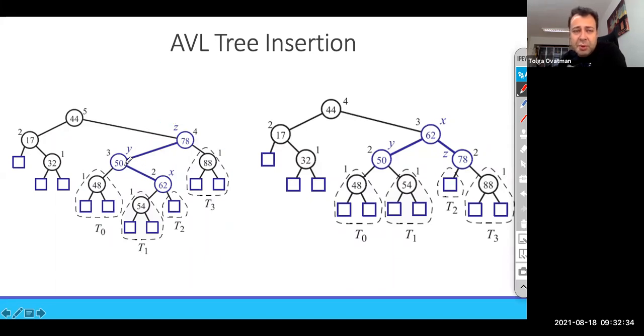So what you do, if you remember, when this was the case, this is the double rotation towards the right. So now, I'm sorry, now the 62 is the medium element. So you put 62 as the new root.